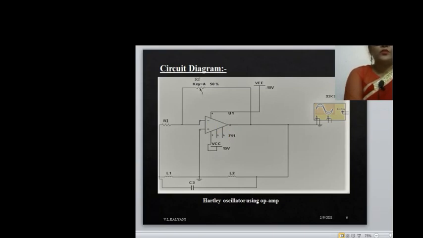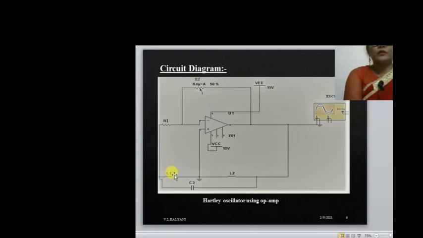This is your general purpose op-amp IC, and these are the two inputs, inverting and non-inverting. The non-inverting input is grounded over here, and this is your inverting input, where R1 and RF are connected, and the feedback path is also connected.